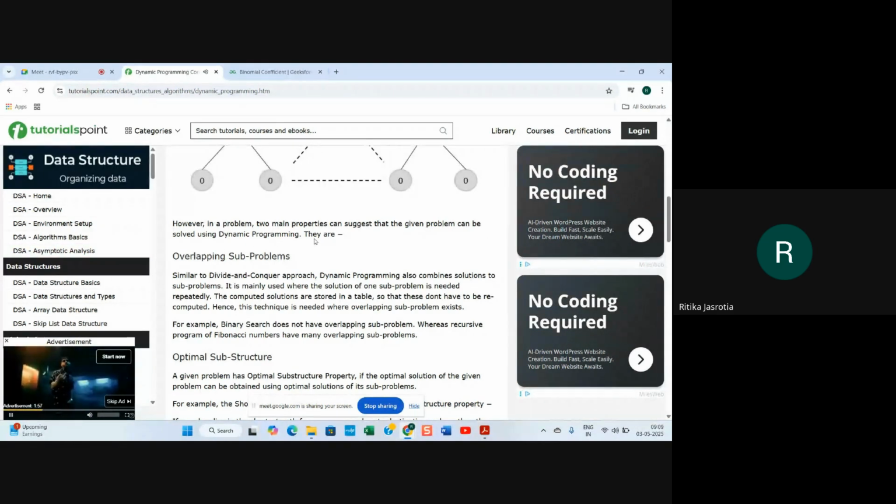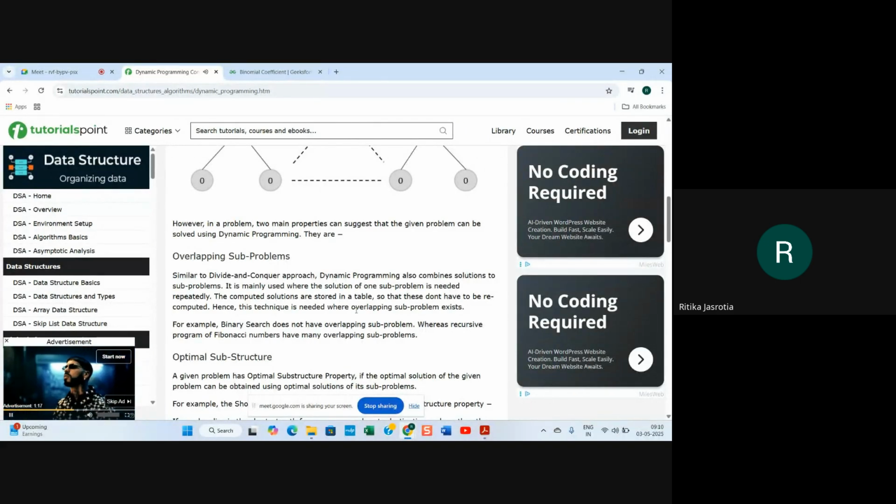In a problem, two main properties can suggest that the given problem can be solved using dynamic programming. So which problems can be solved using dynamic programming? Overlapping subproblems. Similar to the divide and conquer approach, dynamic programming also combines solutions to subproblems. It is mainly used where the solution of one subproblem is needed repeatedly. The computed solutions are stored in a table so that they don't have to be recomputed.